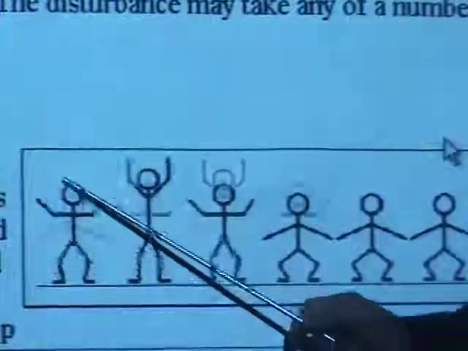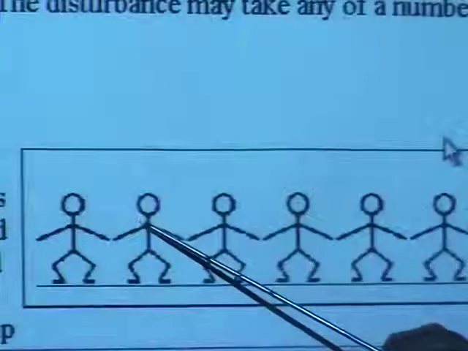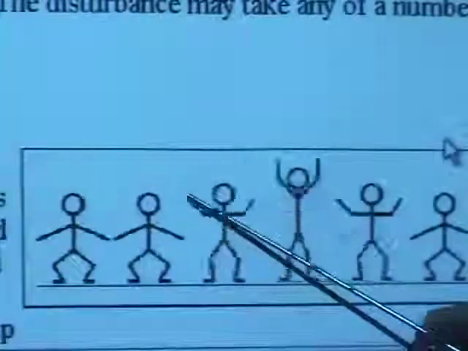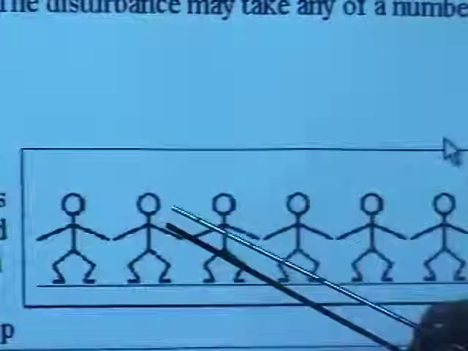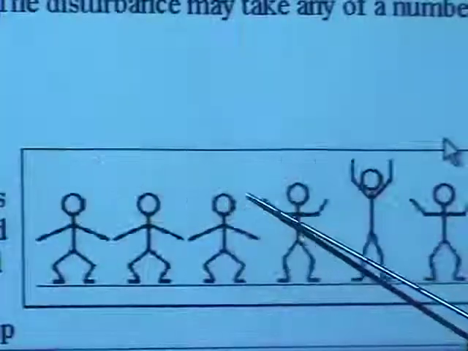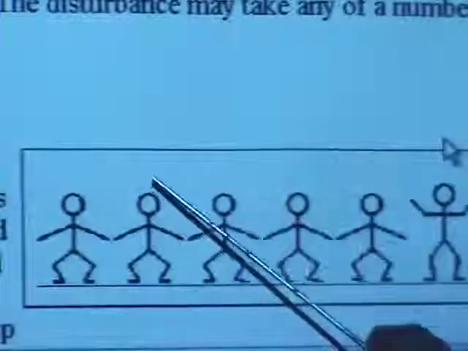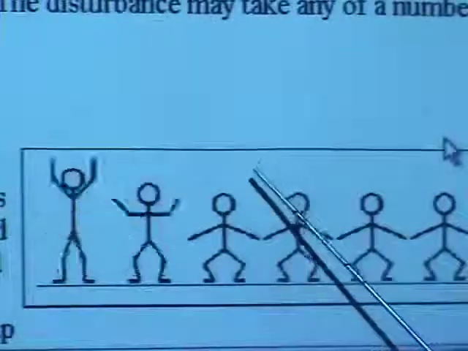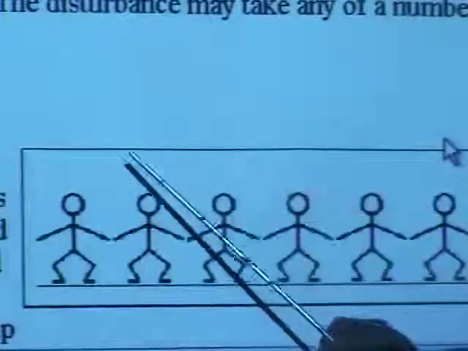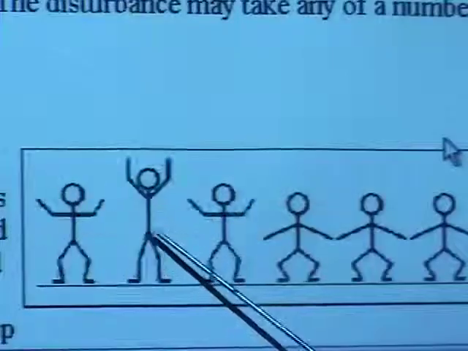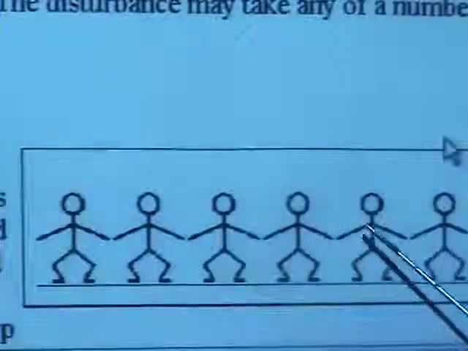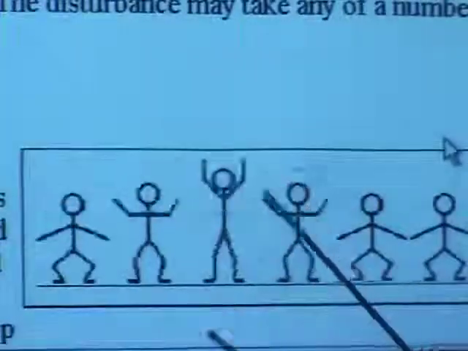The first particle begins to vibrate, the second particle begins a little later, and look at the profile that gets generated. Now this is called a wave profile. What is the profile due to? The profile is due to the fact that there is a progressive phase difference between particles in vibration.